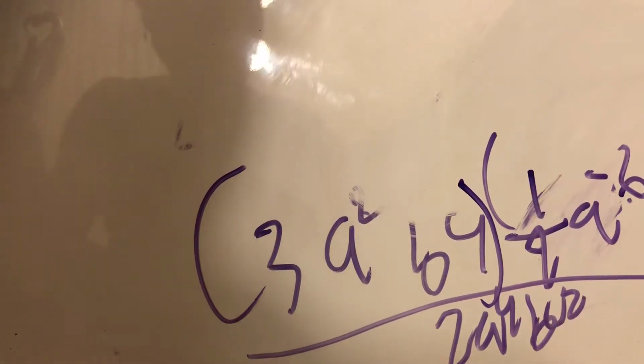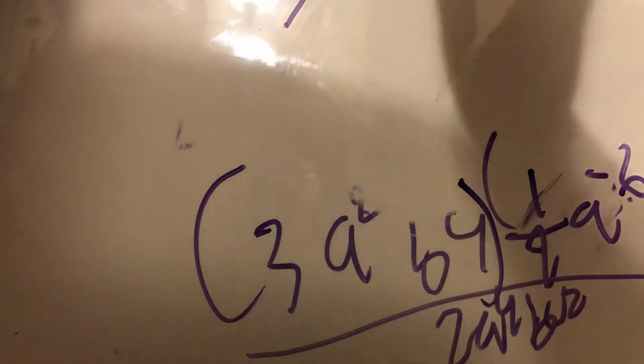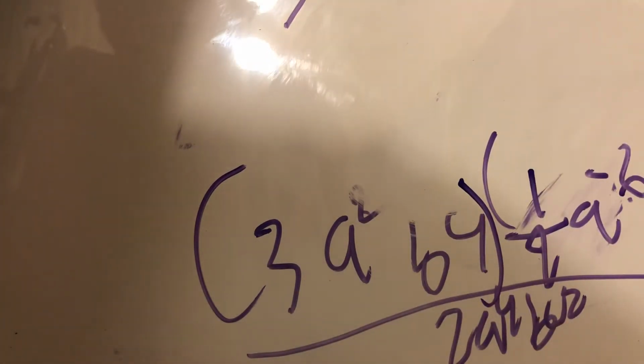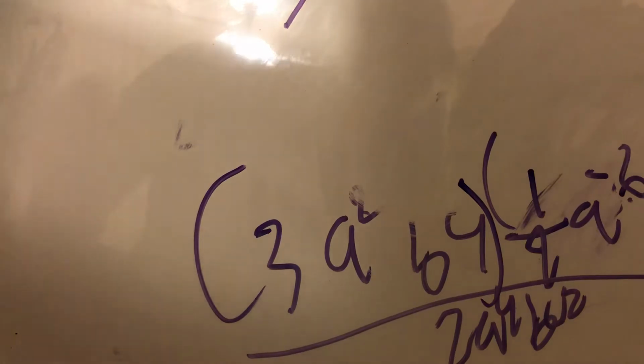It's going to be 1 over 3 a^2, I'm sorry, because a^2 multiplied by a power is going to be a to the power of 4.